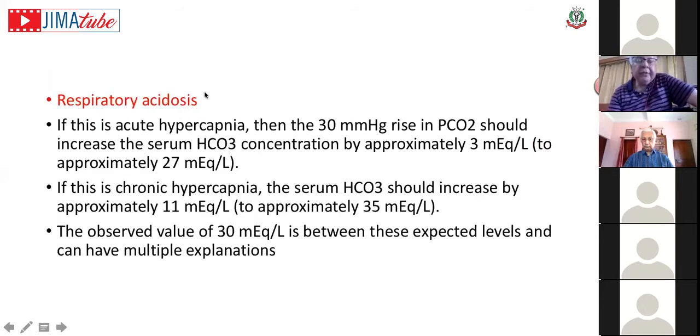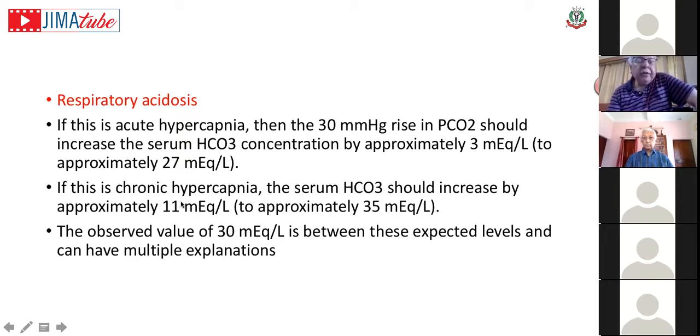So it's respiratory acidosis, we agree. Now, if this is acute hypercapnia, just like in the previous example, then a 30 millimeter of mercury rise in CO2 should increase bicarb by 3. So it should have been 27 instead of 30. So it is unlikely to be just acute respiratory acidosis; if anything, acute respiratory acidosis with metabolic alkalosis.